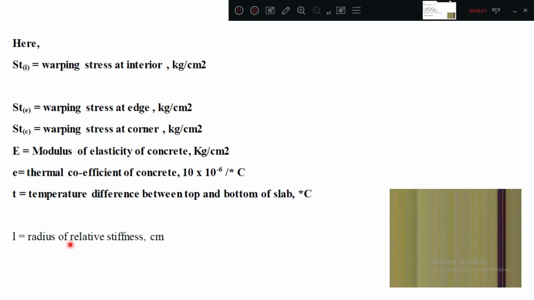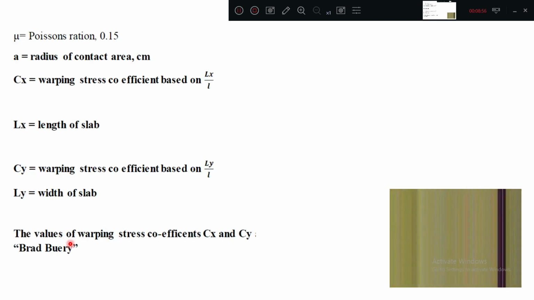The last one, l, is the radius of relative stiffness. Mu is Poisson's ratio. a is the radius of contact. Cx depends upon Lx by l. Lx is the length of the slab in x direction, and small l is the radius of relative stiffness.